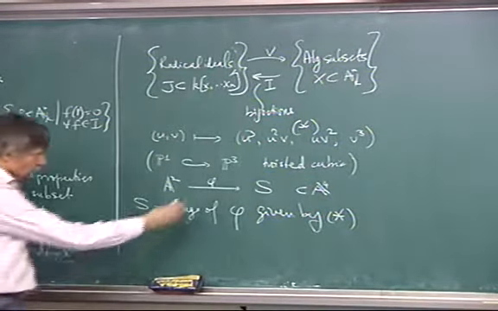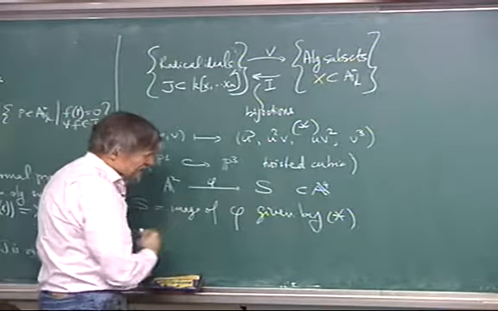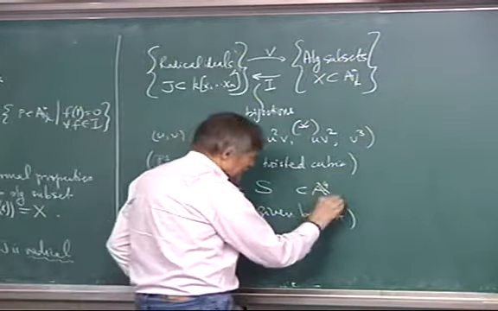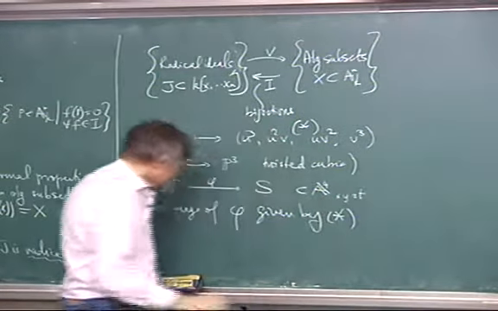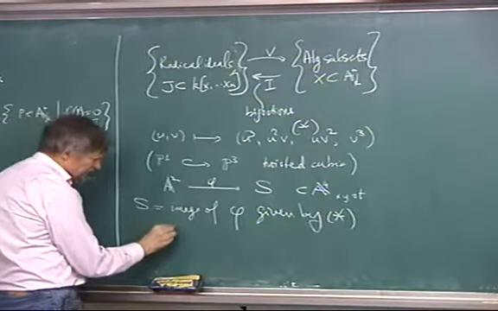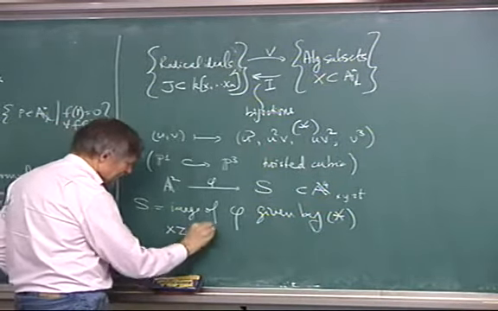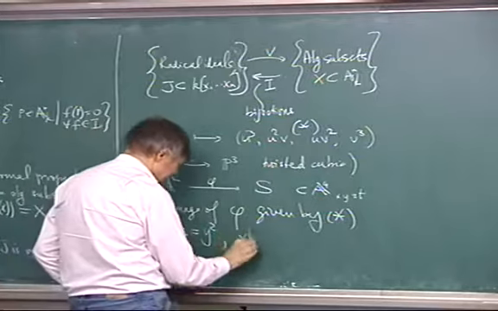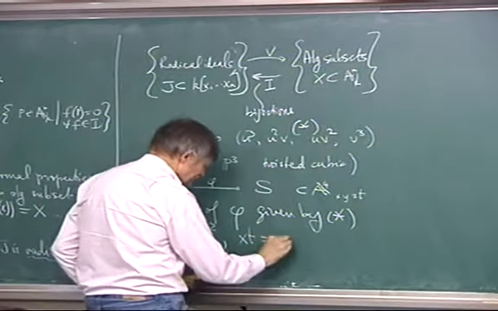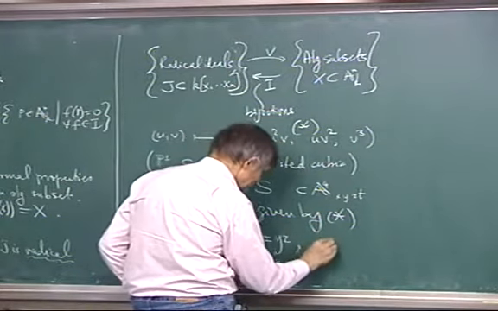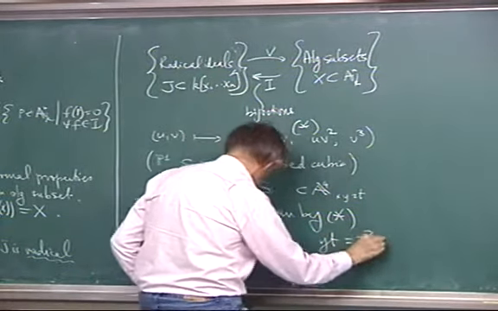and so we already know the equations of S. Let me call these x, y, z, t. Then the equations are xz equals y squared, and xt equals yz, and yt equals z squared.